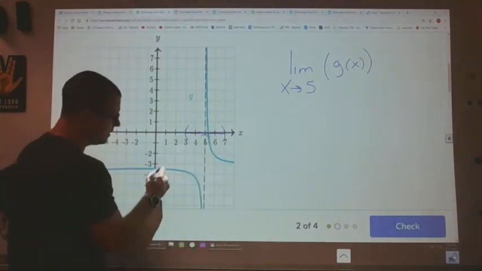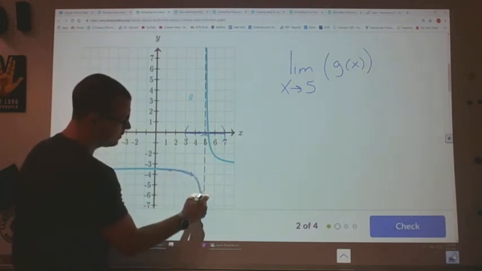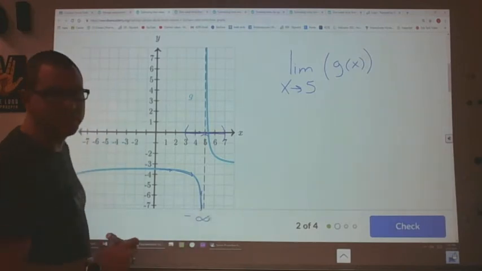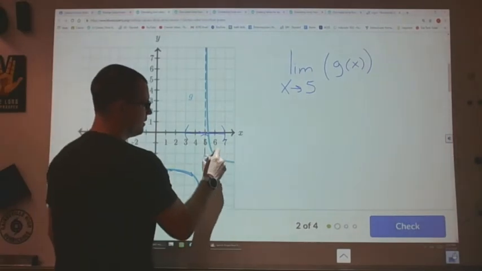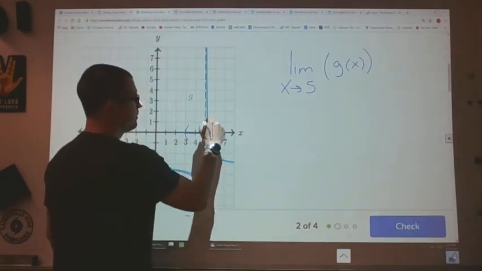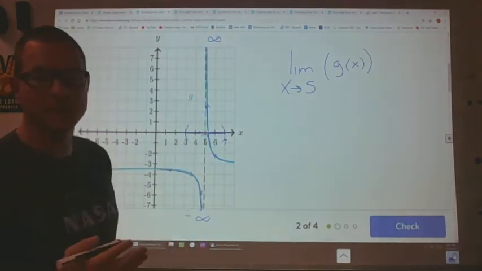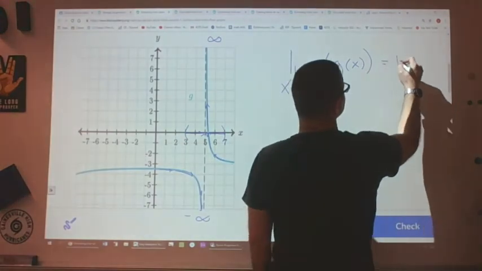But what I see as I move here, that's negative infinity. It's going down forever. But to the right, it's going to positive infinity. Are those two sides going to match up? No. Doesn't exist.